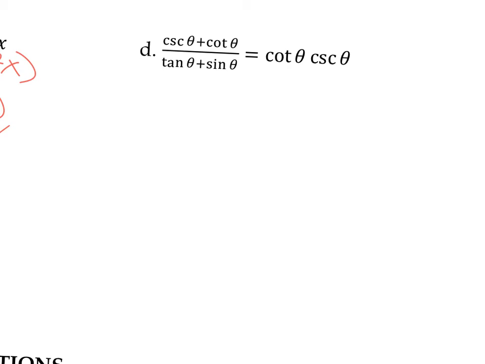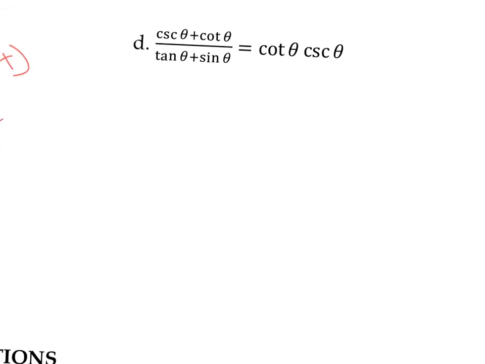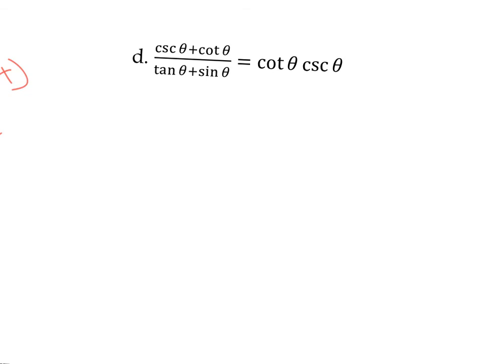If I look at letter D, which side is uglier? That's the left side. So cosecant is 1 over sine of theta. Cotangent is cosine over sine.